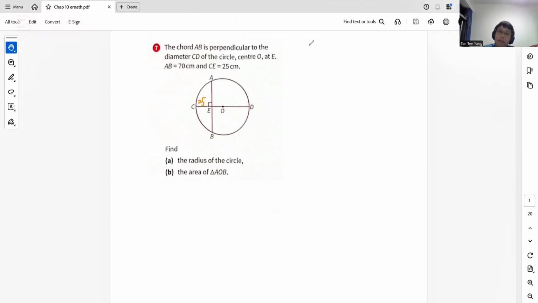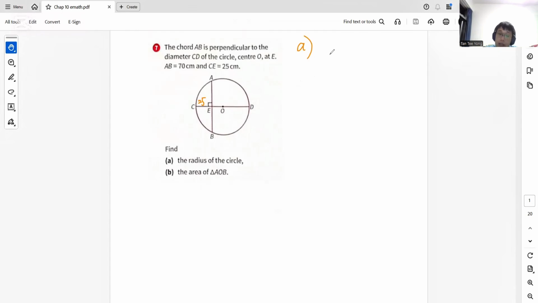So part A, they want us to find the radius of the circle. Okay, so basically we are going to use this property. Because the question mentioned that CD is the diameter and it meets AB at 90 degrees, therefore we can say that it's a perpendicular bisector of a chord.